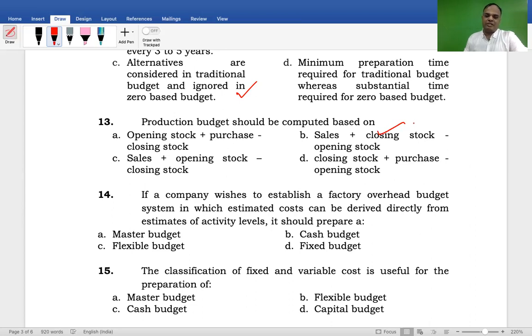If a company wishes to establish a factory overhead budget system in which estimated cost can be derived directly from the estimated activity level, then which budget is supposed to be prepared? Master, cash, fixed, flexible. Have to prepare flexible budget.